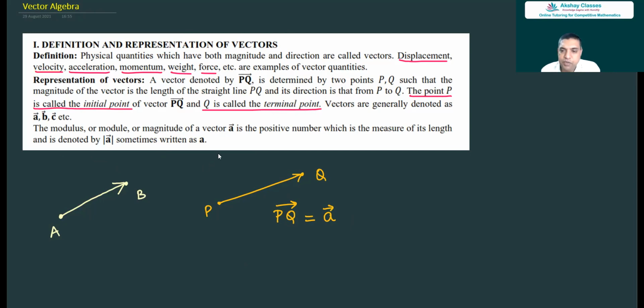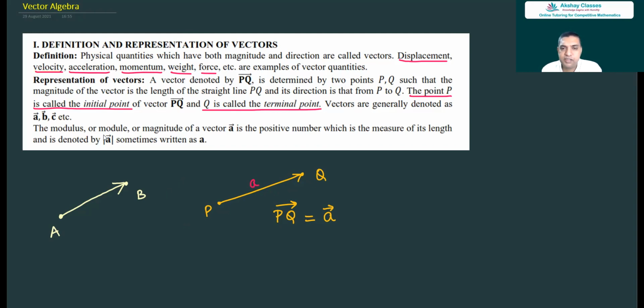This variable A usually denotes the length AB, and on top of that, if we draw an arrow, it represents a vector.